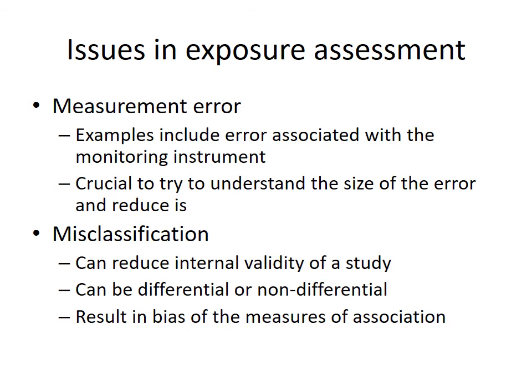And this can reduce the internal validity of a study, and it can bias the measures of association. Commonly, we call differential misclassification when, let's say in a case control study, the measurement of exposure is different in the cases than it is in the controls. That we misclassify them more in the cases than in the controls because of some error in how we're actually assessing the exposure statistically or how we're categorizing it.